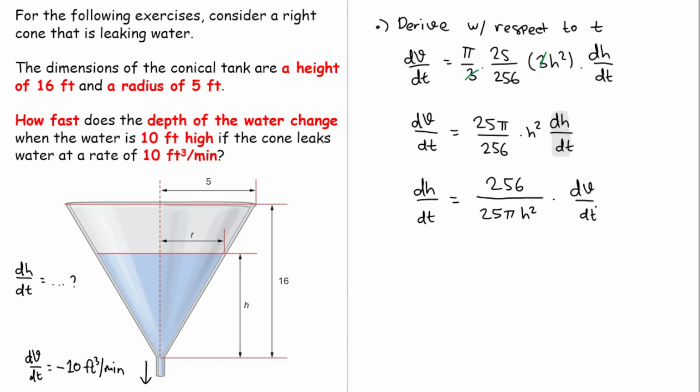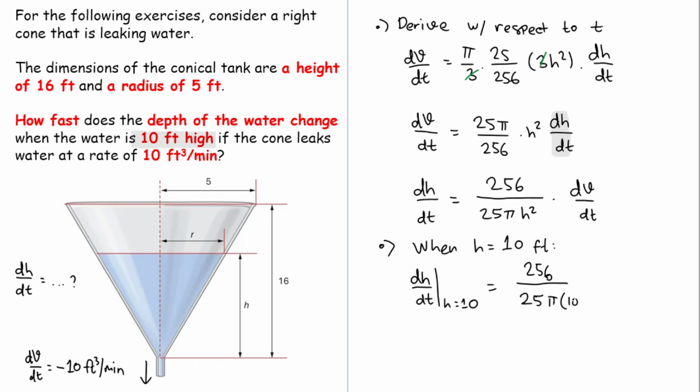And then what else can we do? We will have when h is equal to 10 feet. So let's calculate that when h is equal to 10 feet. So we will have dh/dt when h is equal to 10. And that will be 256 divided by 25 pi, and then multiplied by 10 squared.